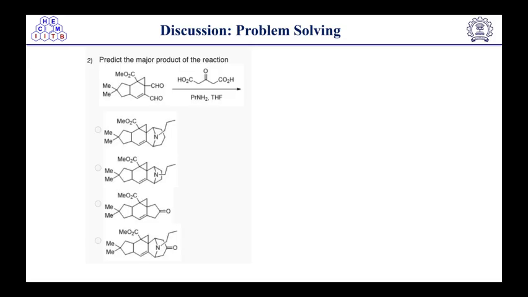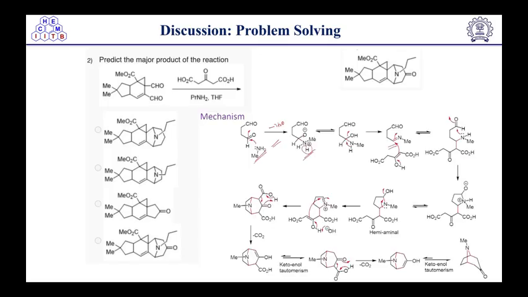Predict the major product of the reaction. So here we have aldehyde, amine, right? Primary amine, aldehyde and ketone intermediate.